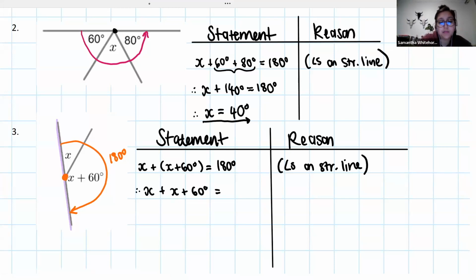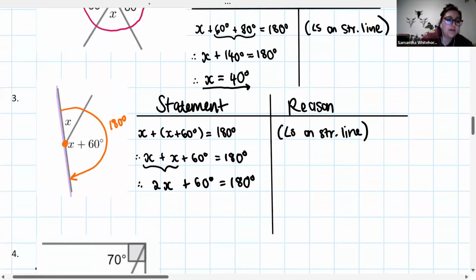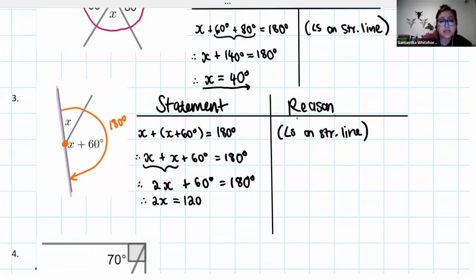That's it. x and x are like terms, so x plus x gives me 2x plus 60. I'm going to use my inverse operations and subtract 60 on both sides. And so that's going to leave me with 2x is equal to 120 degrees.